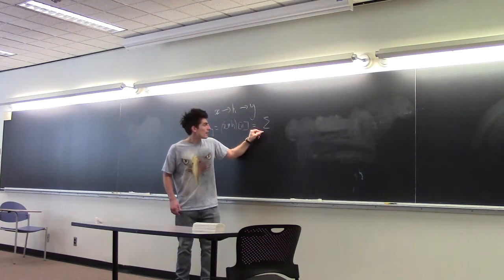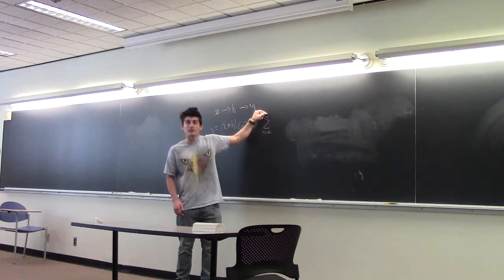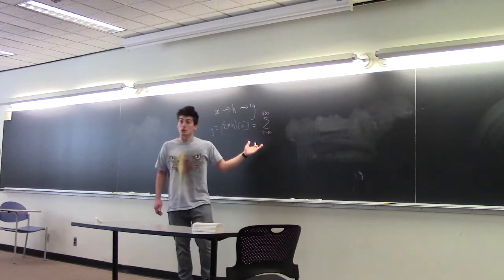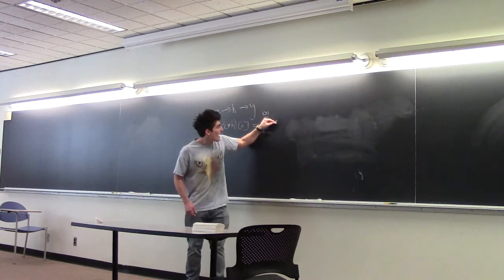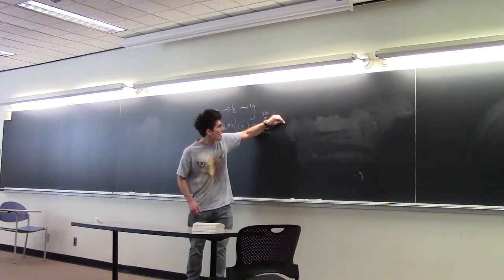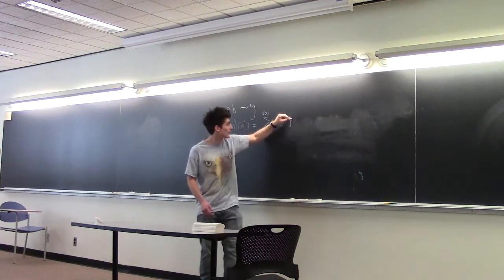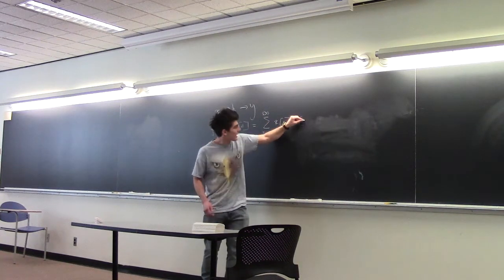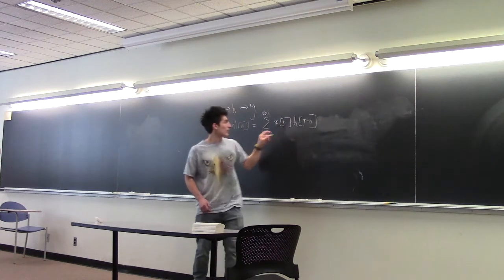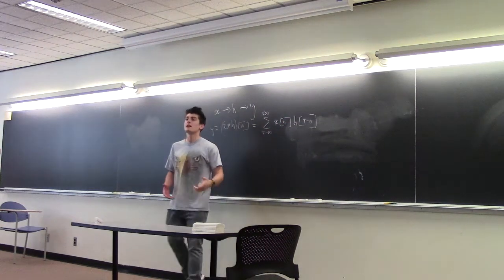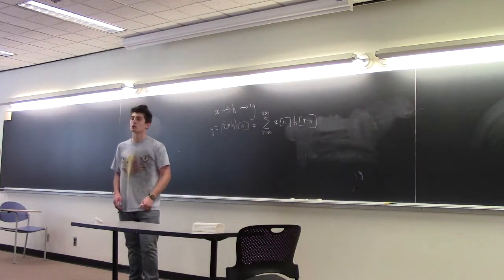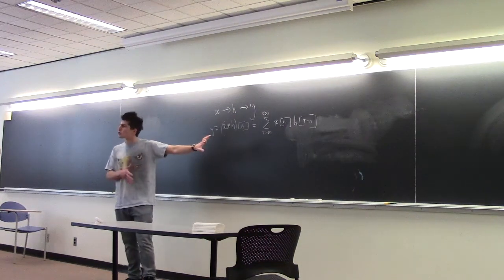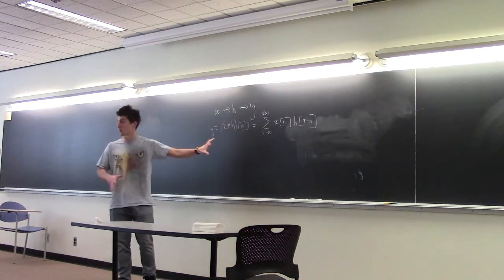As tau goes from negative infinity to infinity, because we're talking about convolutions, it's just simply going to be x of tau and the second operator h of n minus tau, like so. We can also do the infinite integral version of this, but we chose to do this infinite sum version. Let's not get caught up here too much. This is just the formal definition.